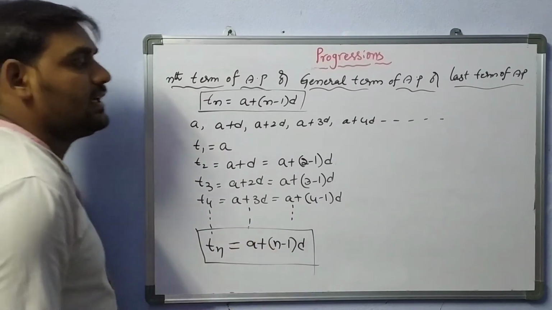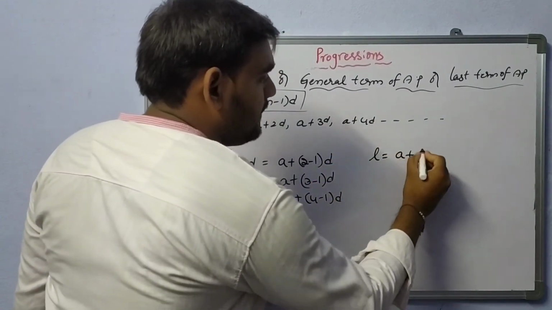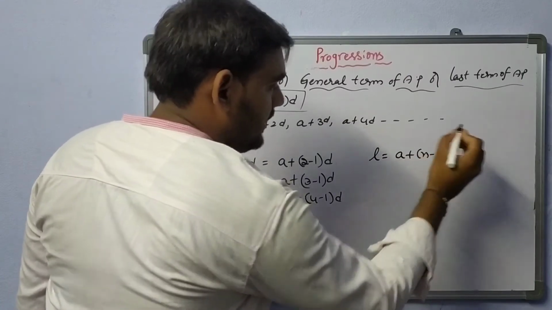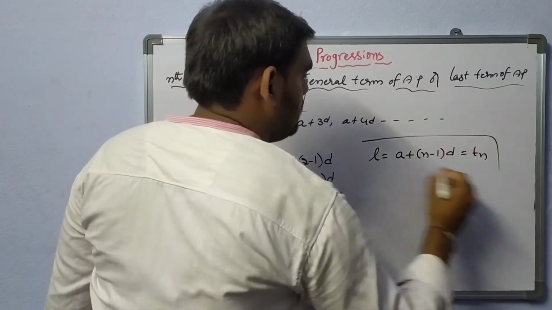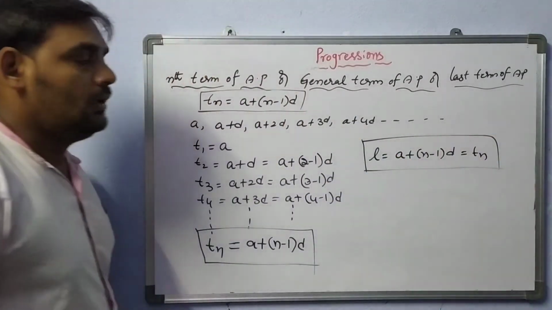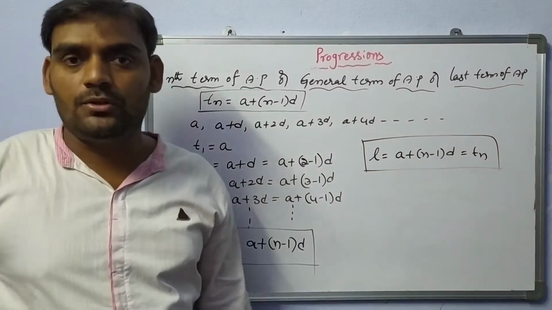Generally it is represented as small l also. So small l is equal to A plus n minus 1 into D, or else this can also be written as Tn. Now for the last term, L is equal to A plus n minus 1 into D.